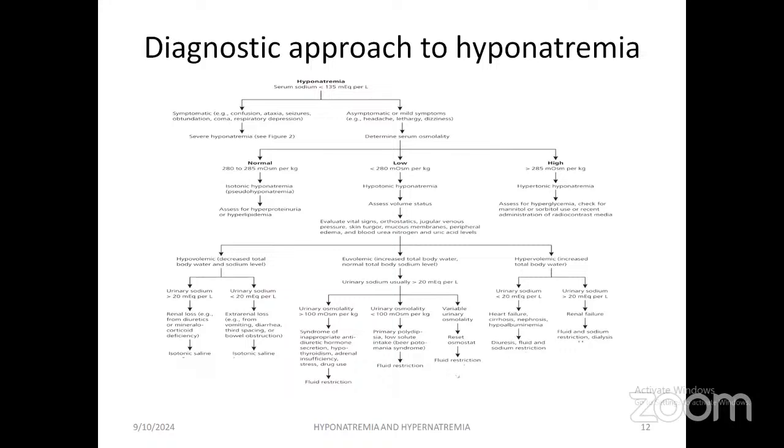If urine osmolality is greater than 100, common conditions are syndrome of inappropriate antidiuretic hormone, hypothyroidism, and adrenal insufficiency. If it is less than 100, it is usually due to primary polydipsia and low solute intake, for example, beer potomania syndrome. If the urine osmolality is variable, it is reset osmostat, which we see in the elderly age group.